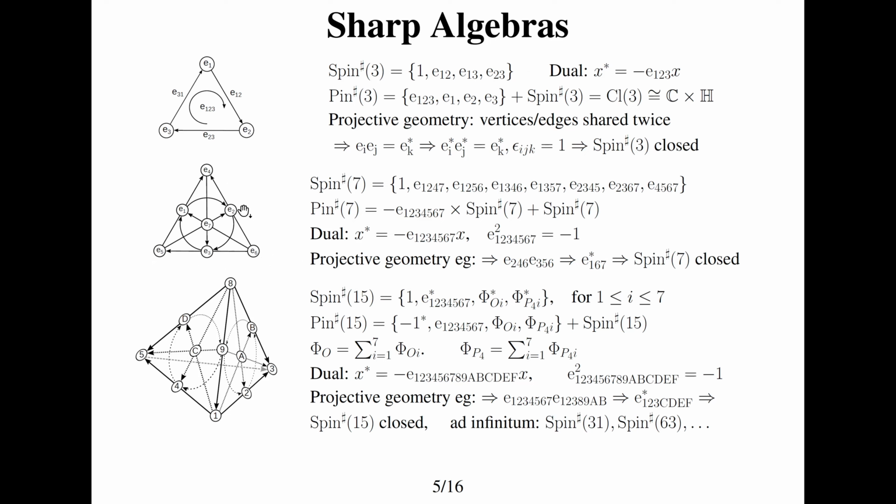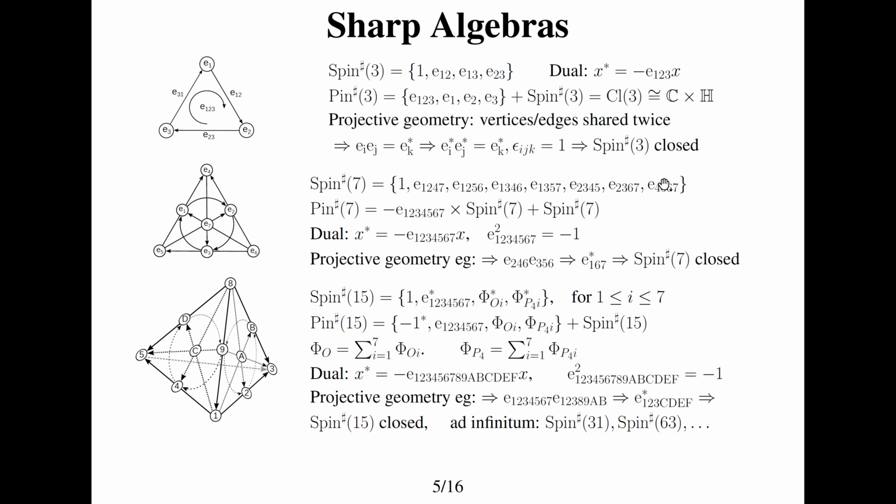You take the dual of that and you get back the line through the middle. So the dual of this line times the dual of that line equals the dual of that line. And because every point is connected with 3 other lines, that defines a closed subalgebra of the spin 7 group algebra. And it involves 7 4-forms because there are 7 lines here.